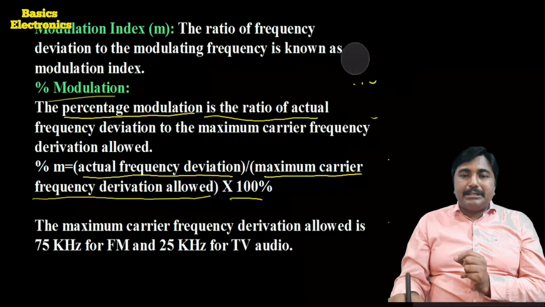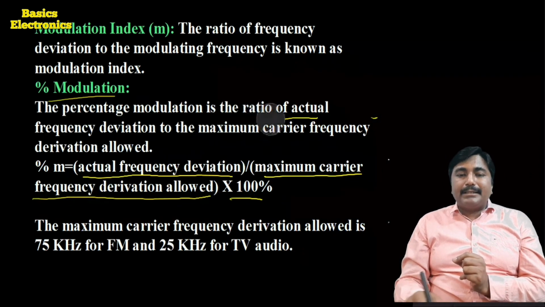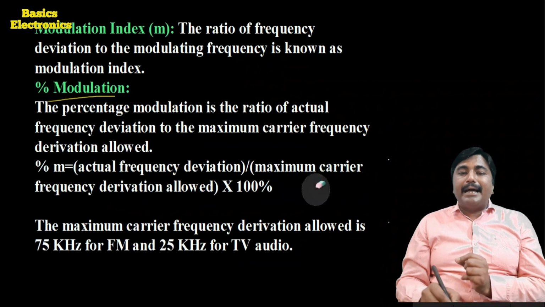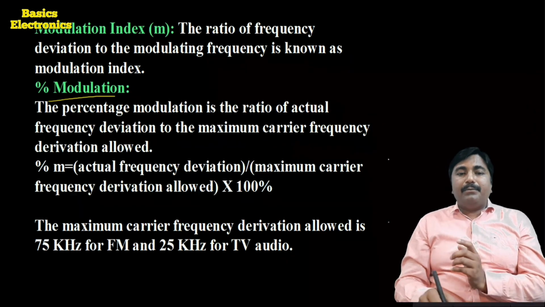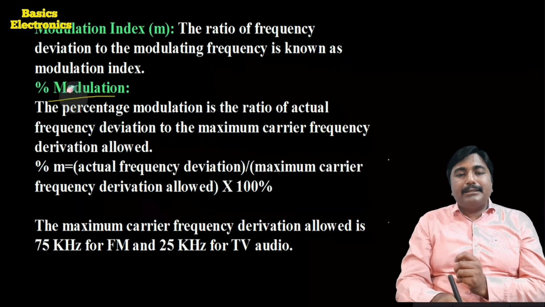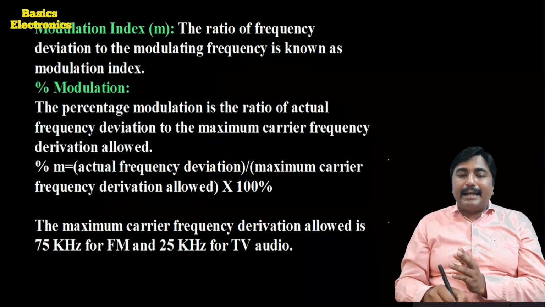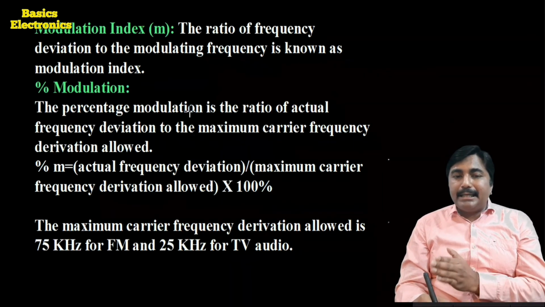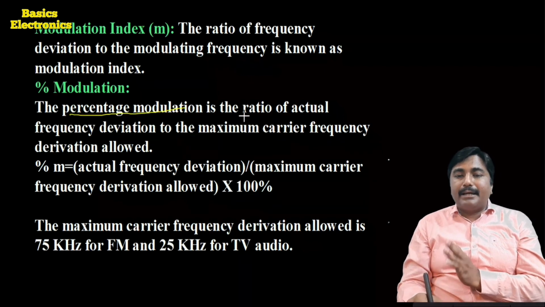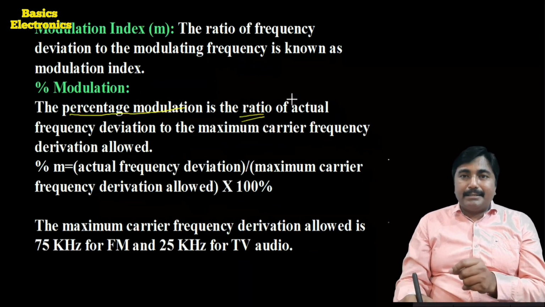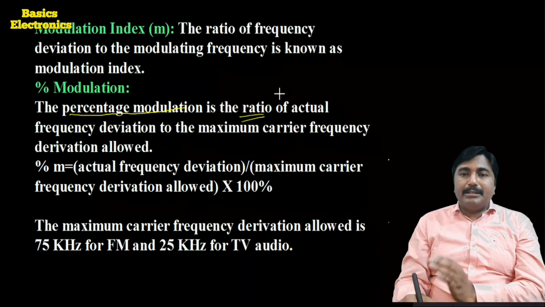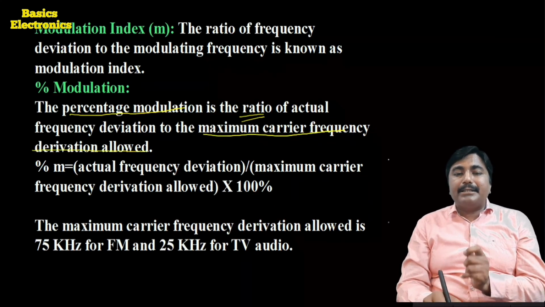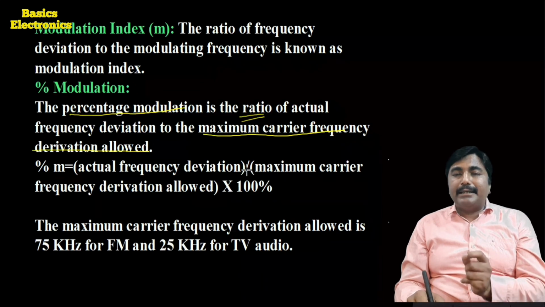The percentage modulation is the ratio of the actual frequency deviation to the maximum carrier frequency deviation allowed. You will get it very clearly when we see examples on the modulation index and the percentage modulation.